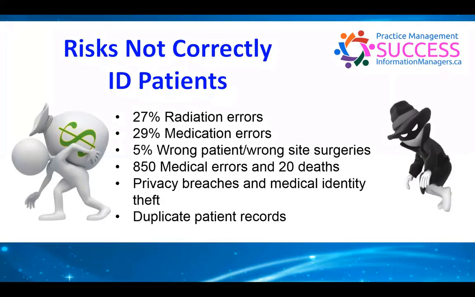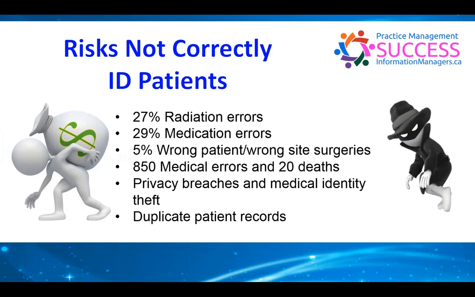Now, when patients are not correctly identified at the time that they are being provided a healthcare service, bad things can happen. This was found in a study by an organization called RAND in the US in 2012. They identified reported cases of medical errors, and they identified that medical errors started because patients were not correctly identified at the point of providing that healthcare service.